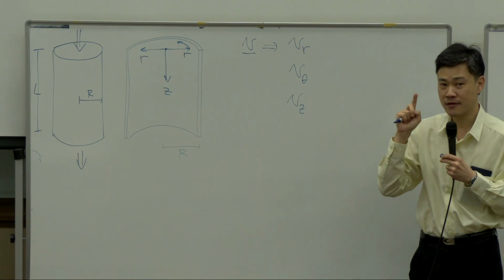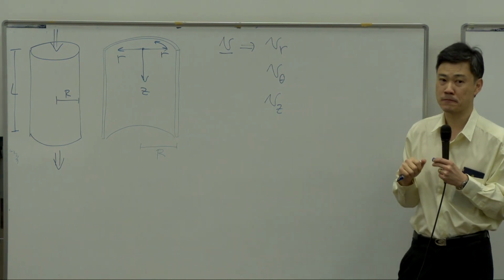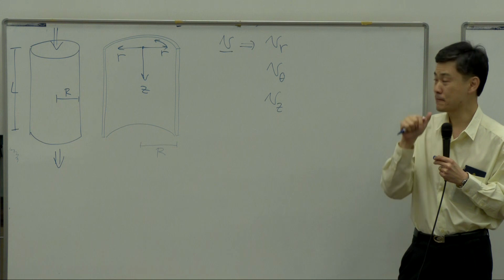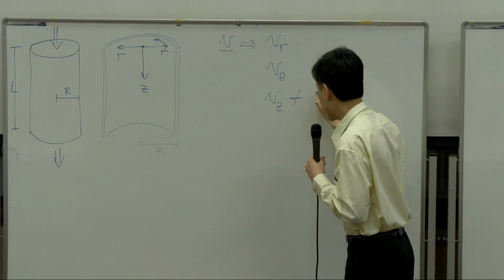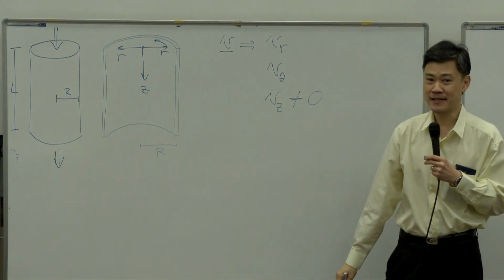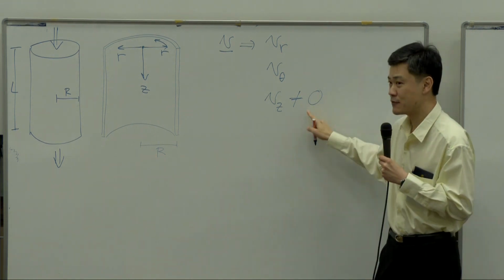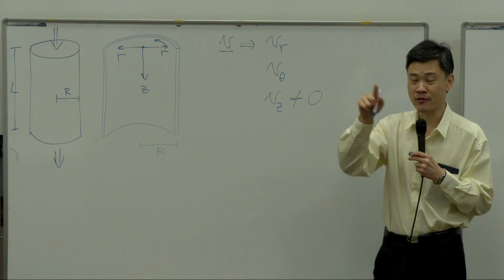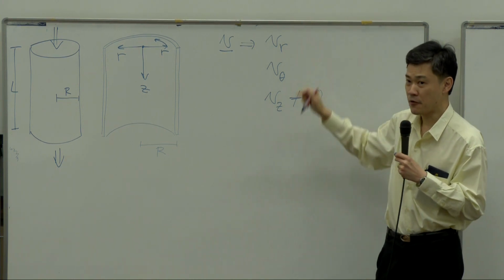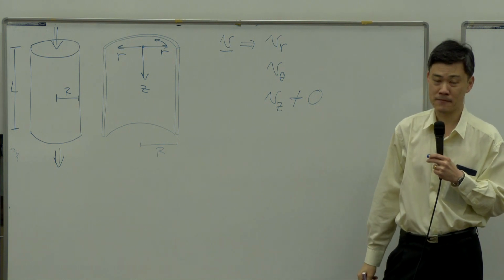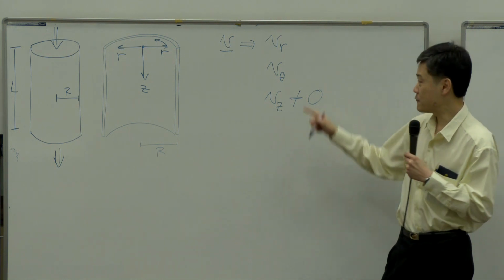Which one is zero? We know for sure vz is not zero. That's easy, so I will answer this for you. The hard part is yours. Is vr zero? Is v theta zero?